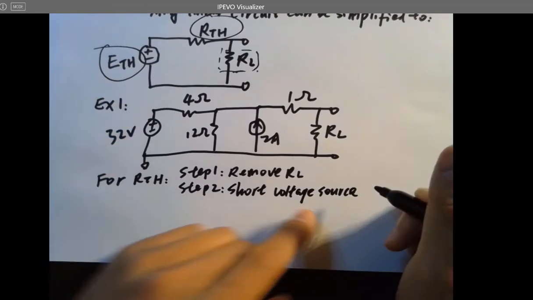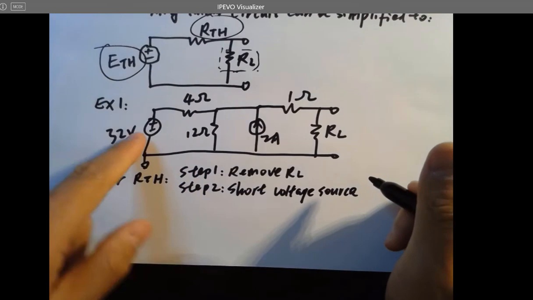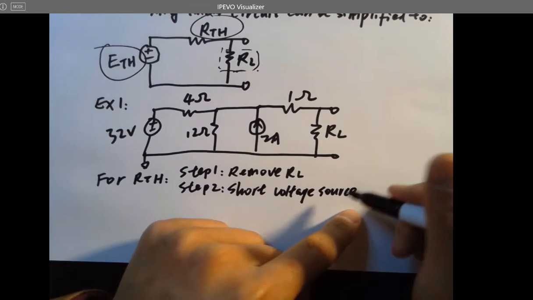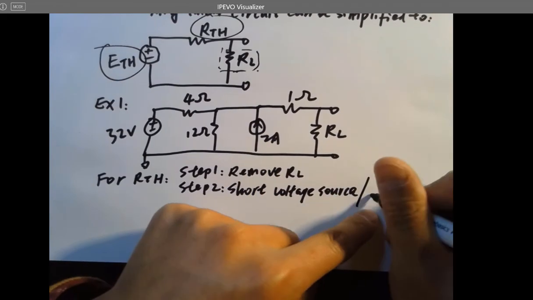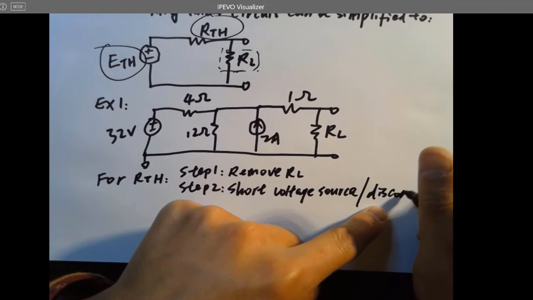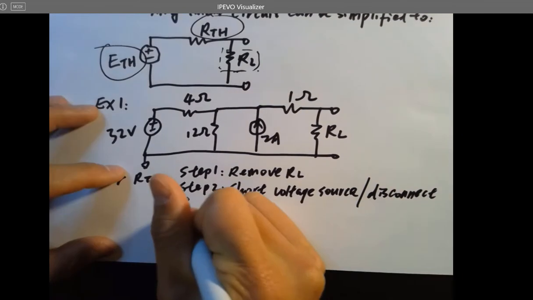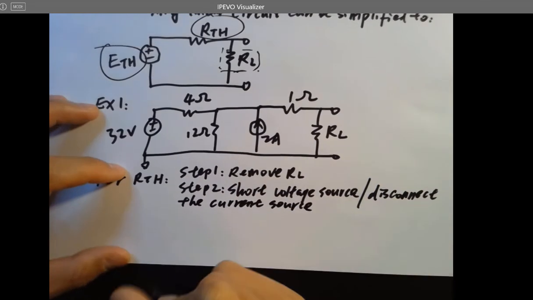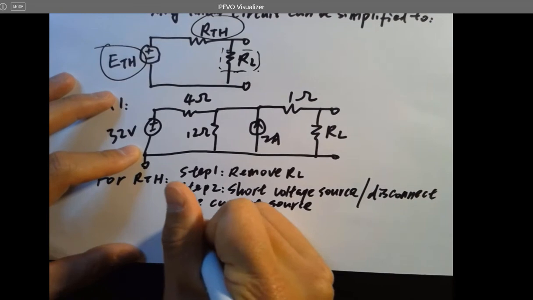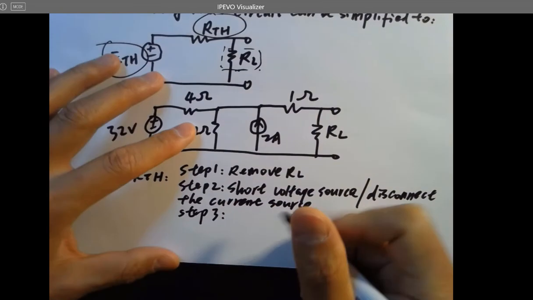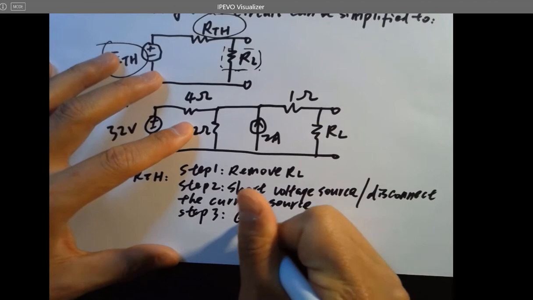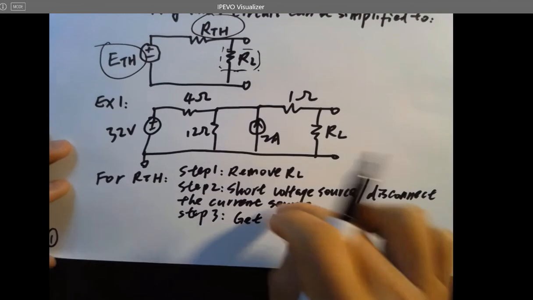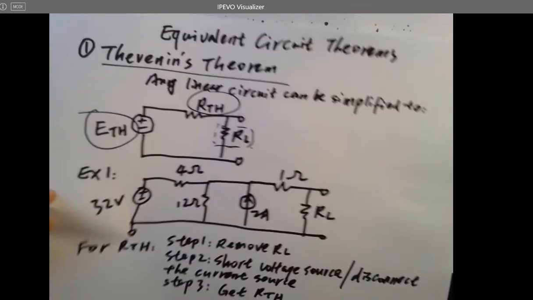If you have both a voltage source and a current source, you need to do both: short the voltage source and disconnect the current source. Step 3, just calculate RTH. So let's follow this procedure and try to get RTH from this example.